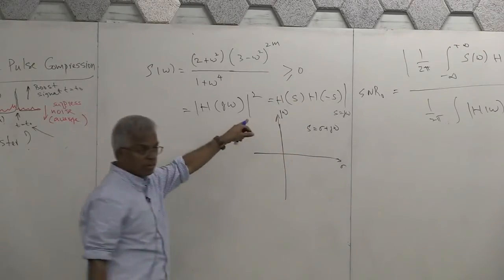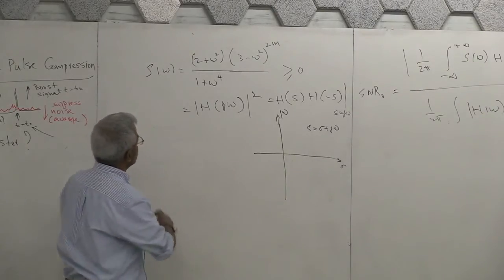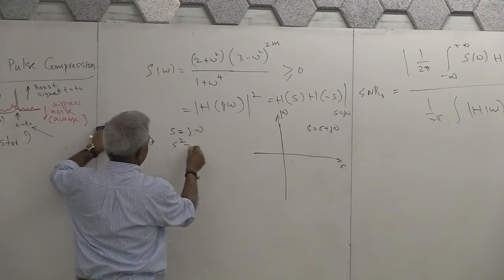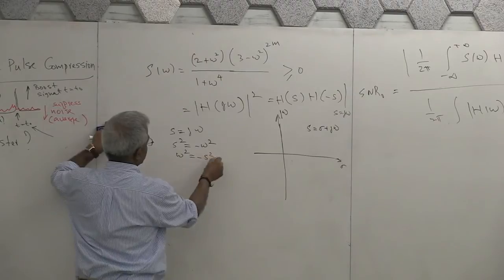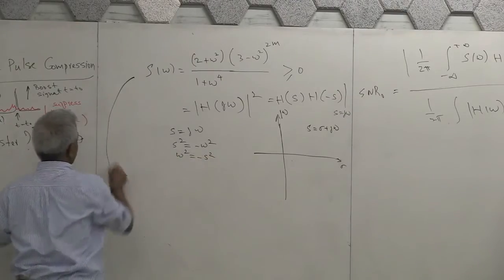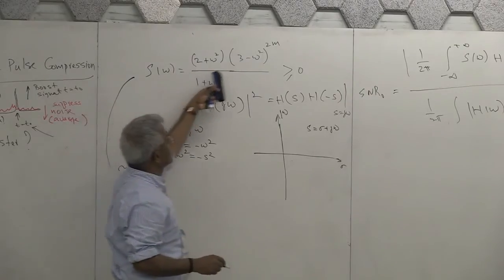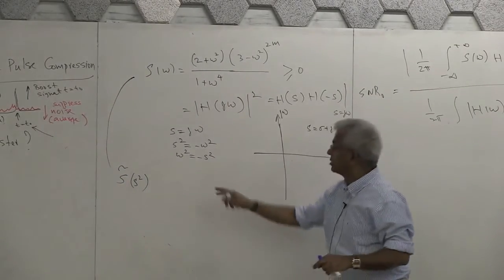That's the same thing. Now s equal to j omega is the same as s squared equal to minus omega squared, or omega squared is minus s squared. So immediately what I'm going to do is write this in terms of s to do this factorization.